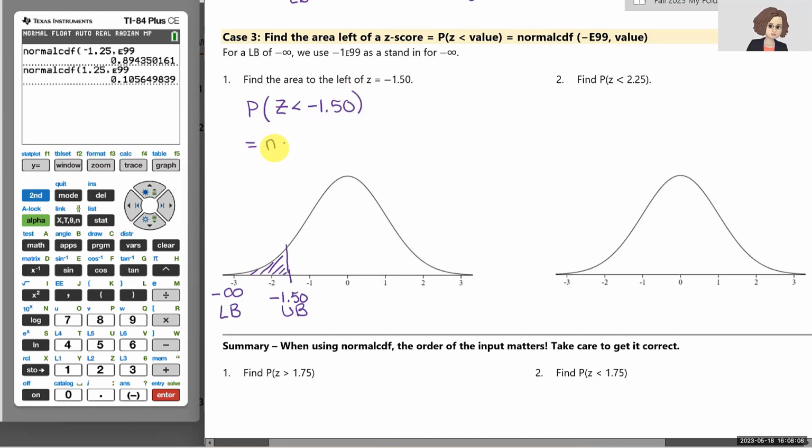The most important thing to remember when we're looking for area is that the lower bound is to the left of the upper bound. So for the lower bound now, we're going to start with negative infinity. You can leave off the 1 again, it's implied. So you can do negative E99 for negative infinity, and then we would keep shading, ending at an upper bound of negative 1.50.